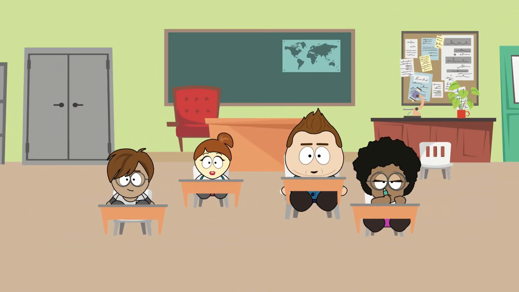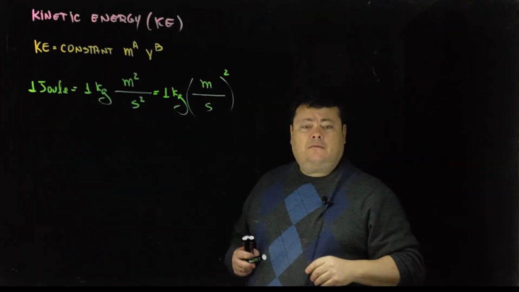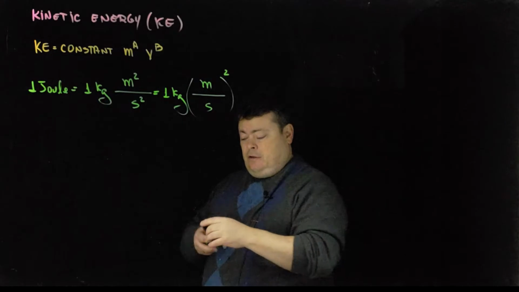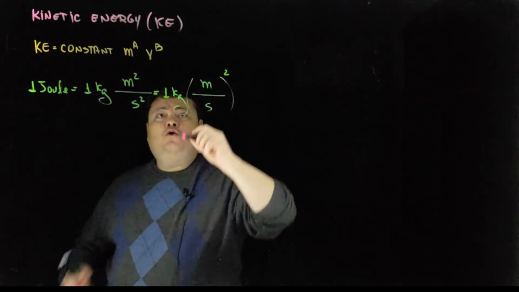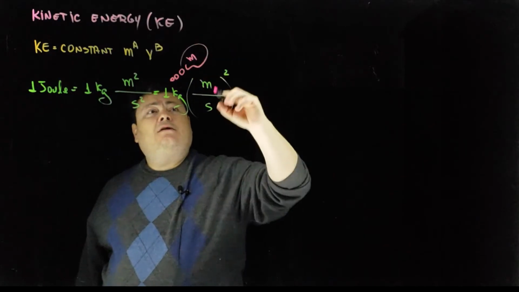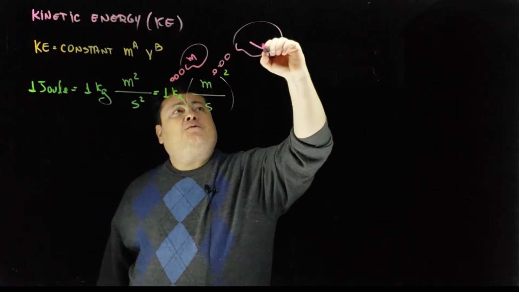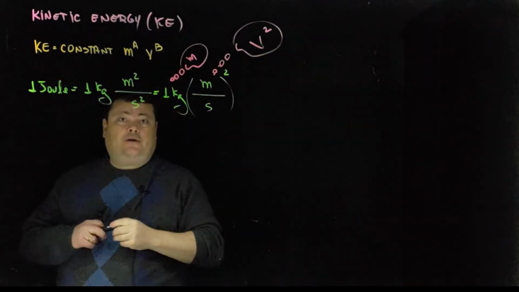Mass times speed squared? Yes, DJ. That's exactly it. This kilogram is mass, and meter per second is just speed. So this will become speed squared.